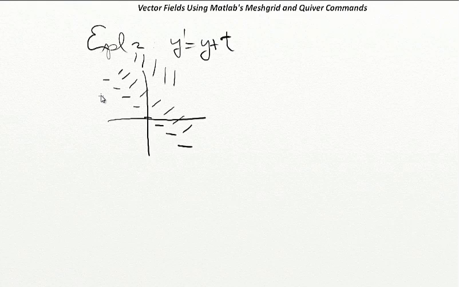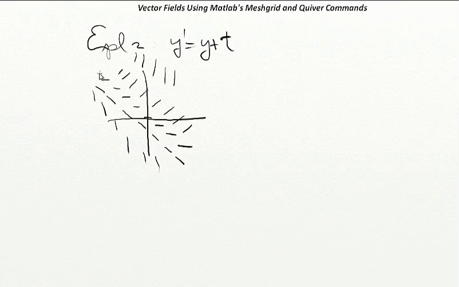And when y plus t equal minus 1, the slope is minus 1, and so we just get that line. And similarly, when y plus t is minus 2, we get something like that. So, there's your vector field.